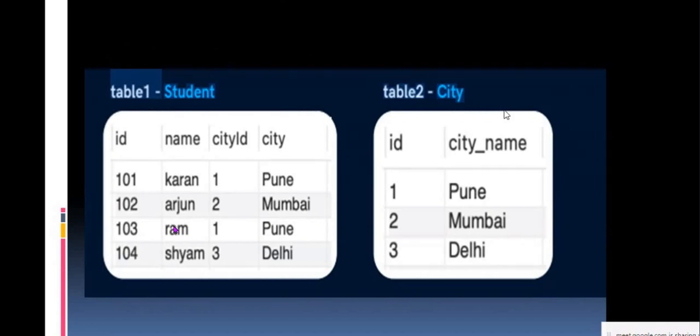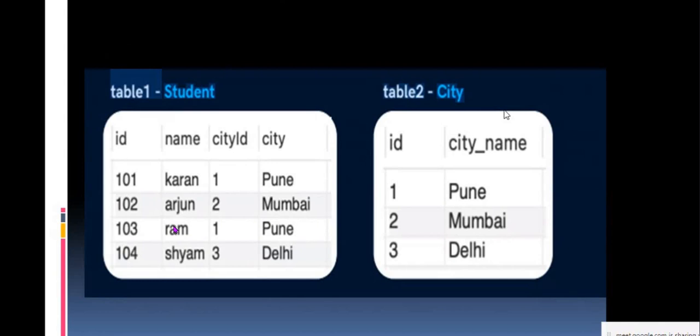So here there are two tables, table 1 as student and table 2 as city. In the student table, we have 4 columns, that is ID, name, city ID and city. And in the city table we have ID and city name. In the student table, ID is the primary key, and in the city table, ID is also a primary key for city.